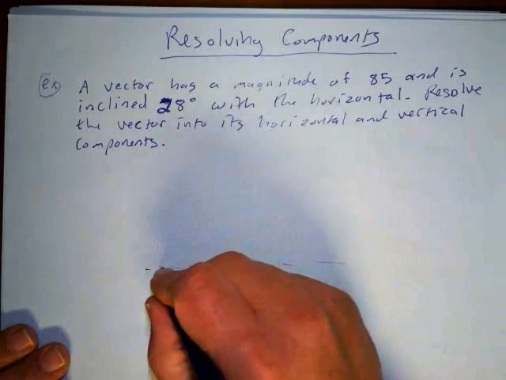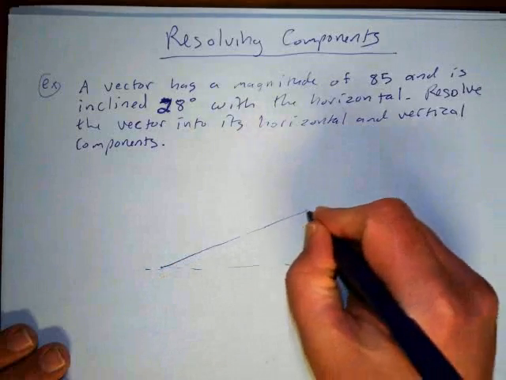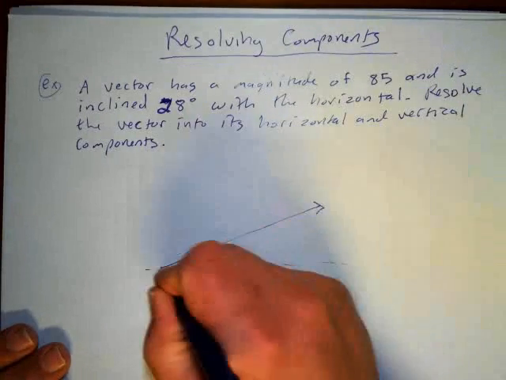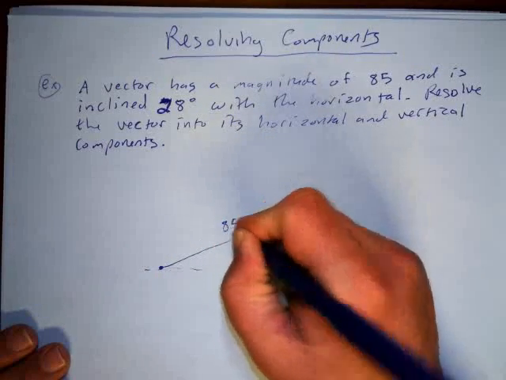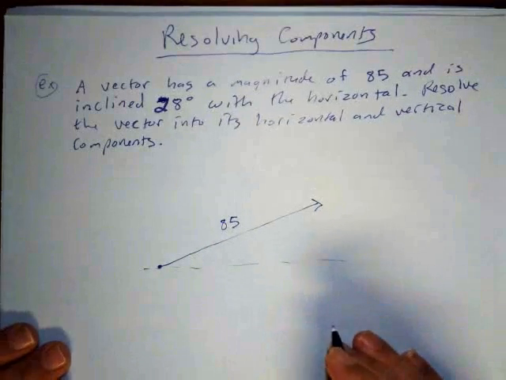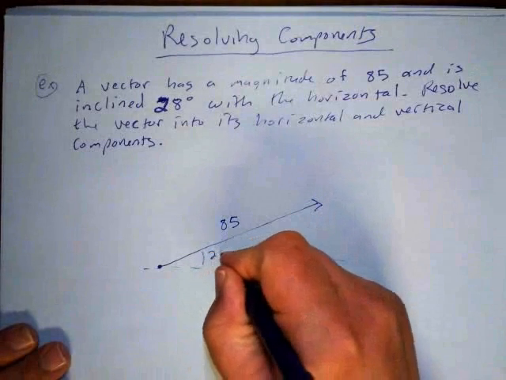Okay, so 28 degrees would be something like this. The magnitude of this vector is 85, and this angle is 28 degrees.